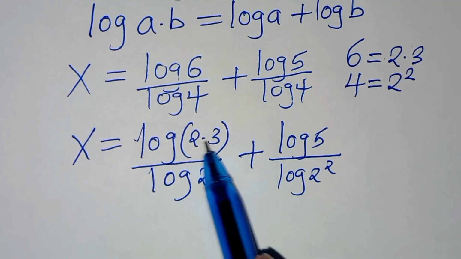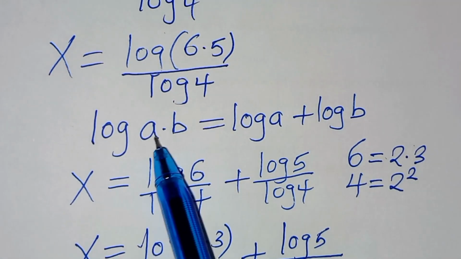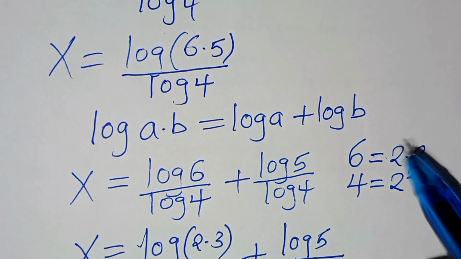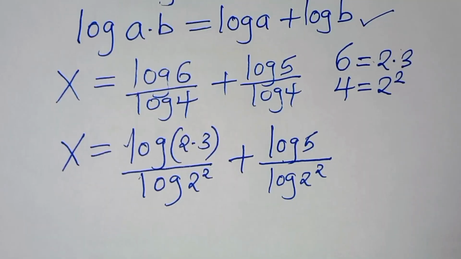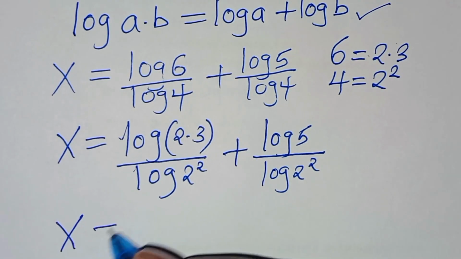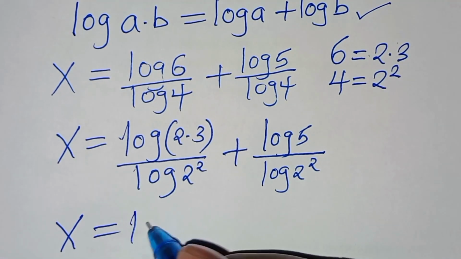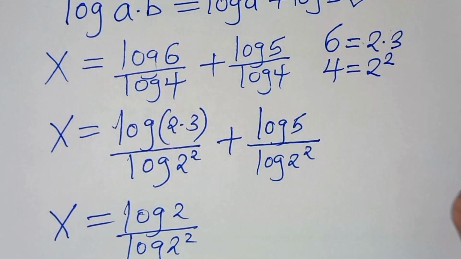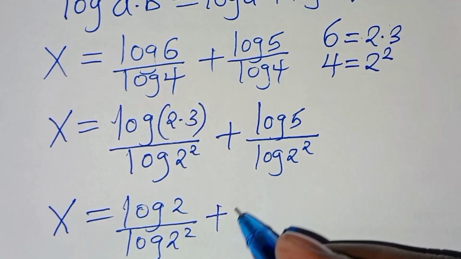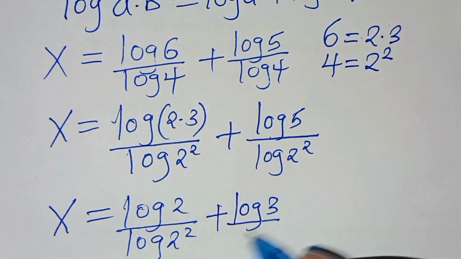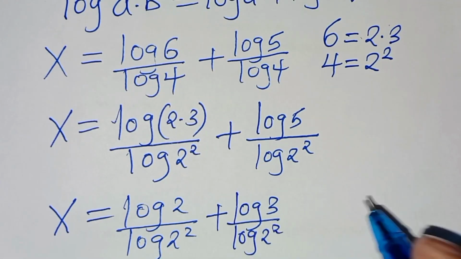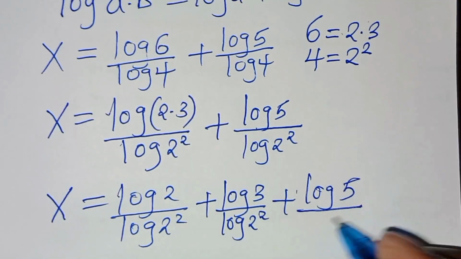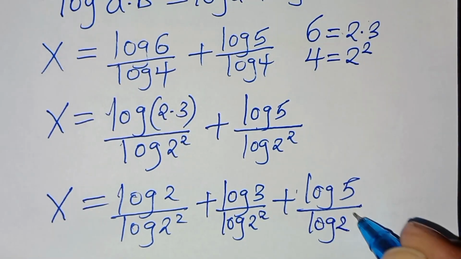Log 2 times 3 is in the form of log a times b, which you can express as log a plus log b. Applying this property, x is equal to log 2 divided by log 2 to the power 2, plus log 3 divided by log 2 to the power 2, plus log 5 divided by log 2 to the power 2.